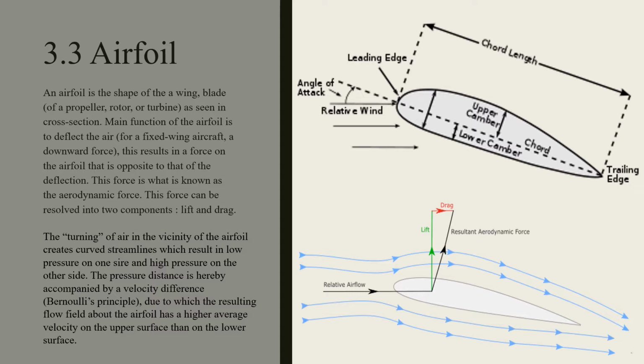The turning of the air in the vicinity of the airfoil creates curved streamlines, which results in low pressure on one side and high pressure on the other side. The pressure difference here is accompanied by a velocity difference, due to which the resulting flow field about the airfoil has a higher average velocity on the upper surface than the lower surface.